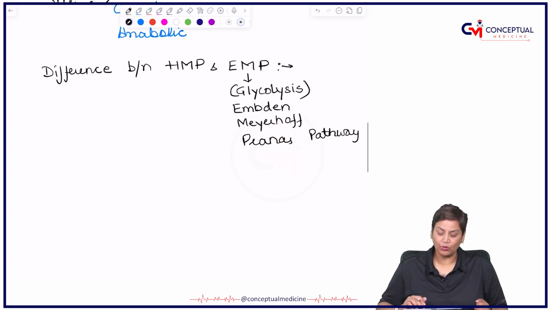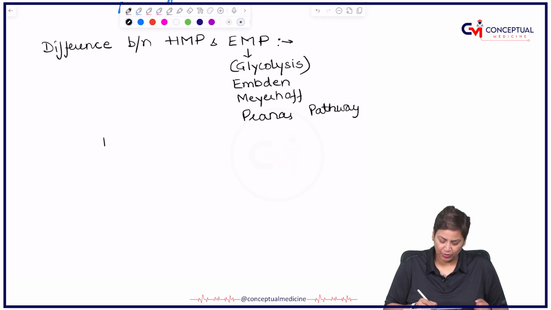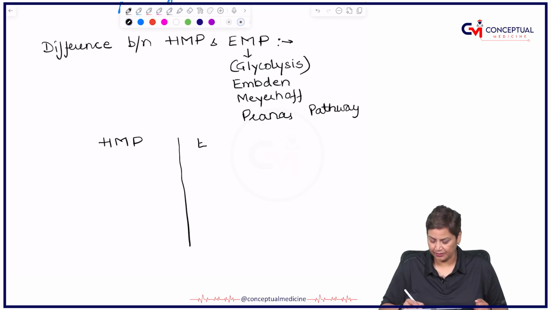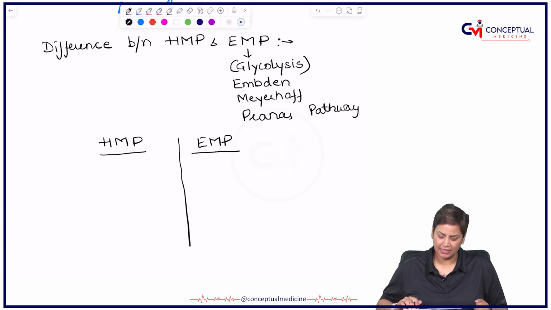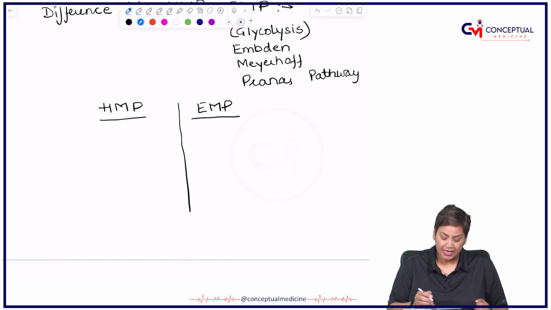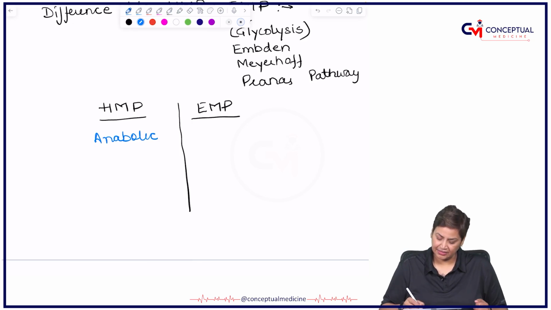But if we talk about the differences, you can yourself see, this is HMP and this is EMP. No doubt, both are occurring in the cytoplasm, so that is not a difference. But yes, this is an anabolic process and this is a catabolic process. We all know this.